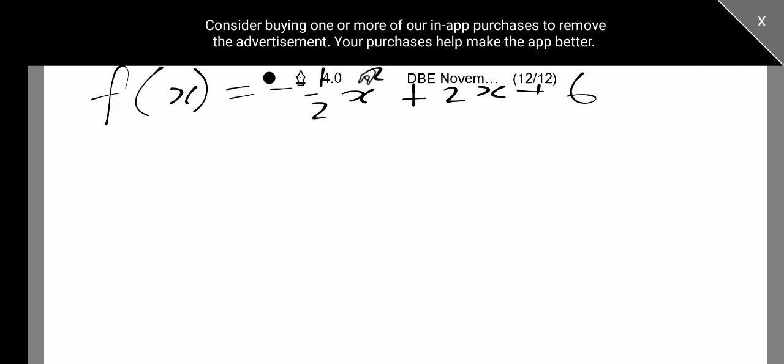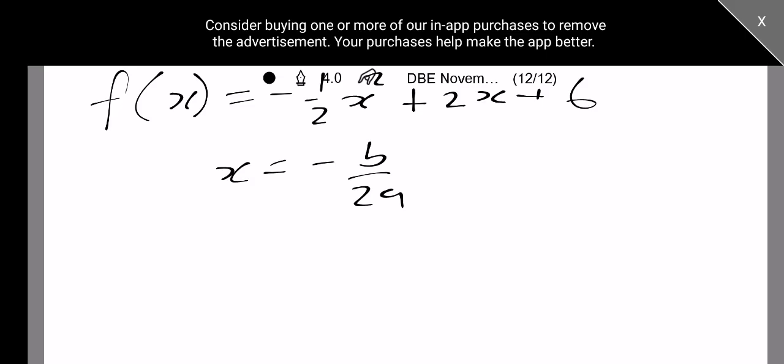Now, this is another way of determining the turning point. If we say the x value of the turning point equals negative b over 2a, let's substitute in the values. What is b? It's going to be negative 2 over 2 times negative half. This cancels. We're going to be left with a negative 1 in the denominator.